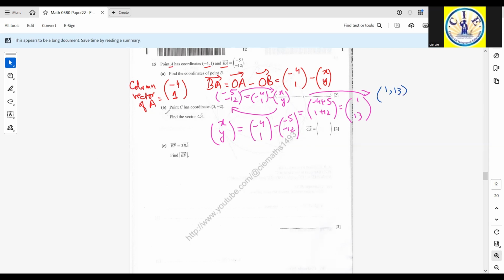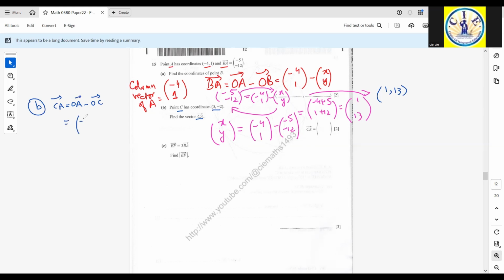Okay. For part B, point C has coordinates 5, -2. Find the vector CA. Again, CA is going to be calculated as the final point A minus C. So OA minus OC.